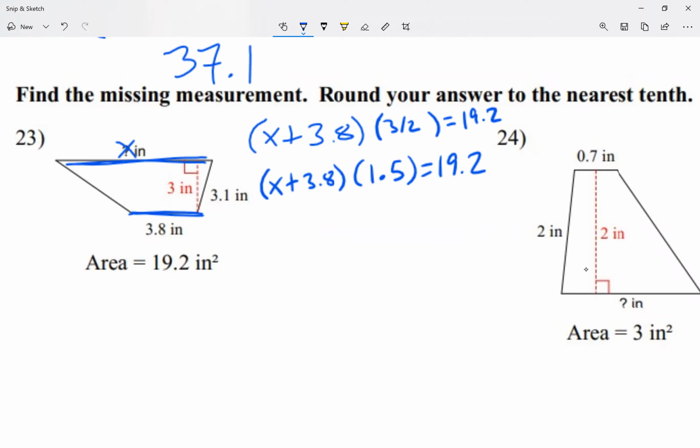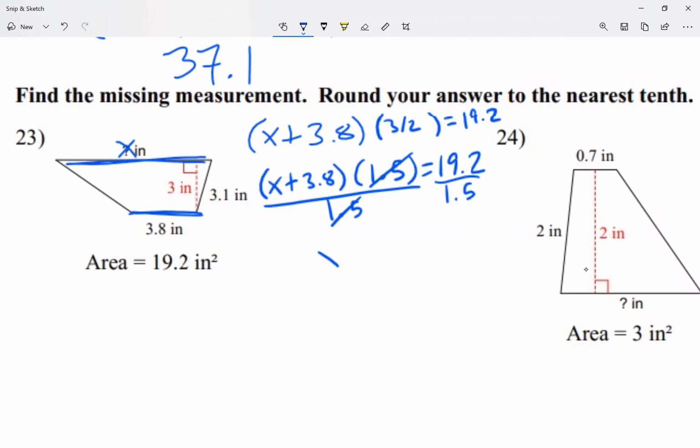All right. For parentheses, let me get rid of 1.5. So let me divide by 1.5. So that gives me x plus 3.8. I wanted the parentheses with x by itself. Now 19.2 divided by 1.5 gives me 12.8.